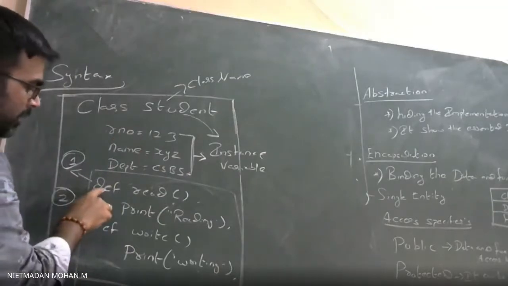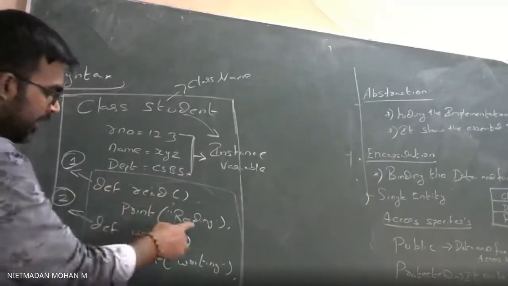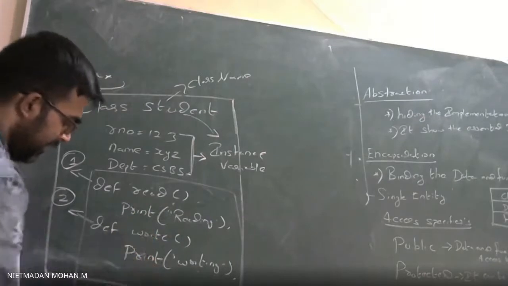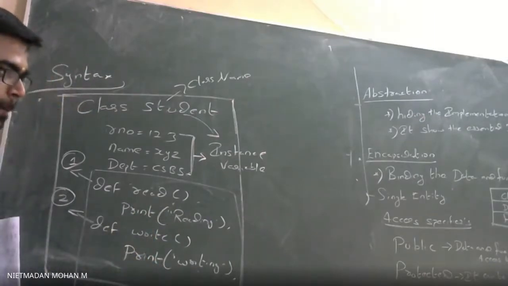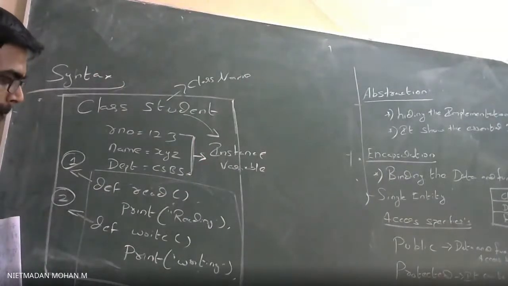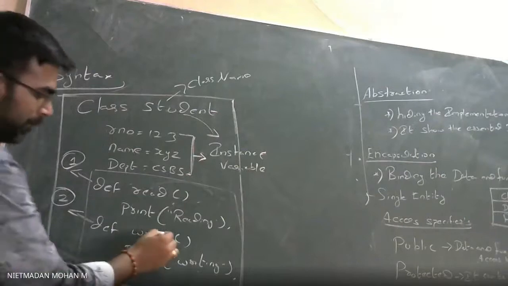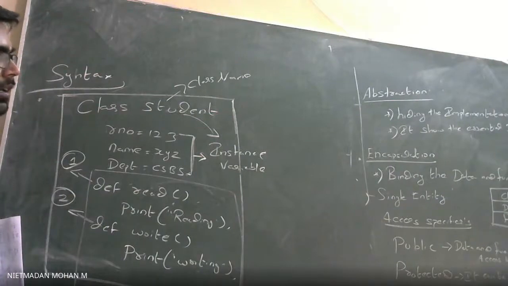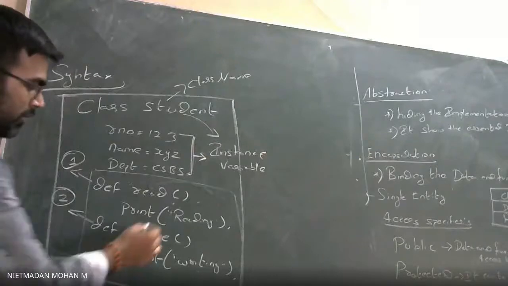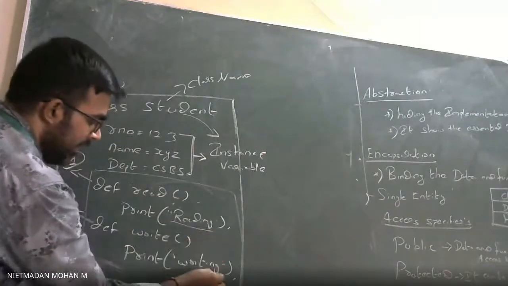You have started the program by def read, print reading, def write, print writing, and you are calling the functions read and write. So what will be the output now? Reading and writing will be the output.